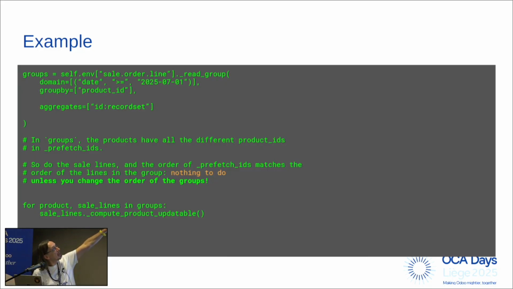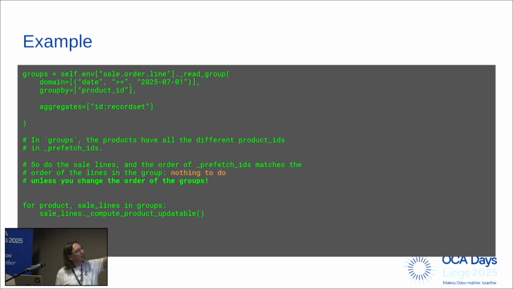So here I have a read group call. I'm grouping sale order lines by product, and I get the product ID and a list of sale order lines which contain that field. I don't have to do anything if I process things by saying for product, line IDs in groups, the value returned here, and I do something on my sale order lines.